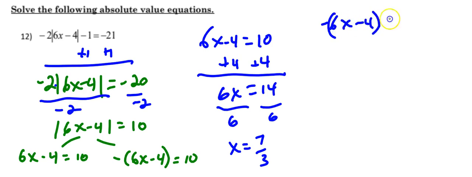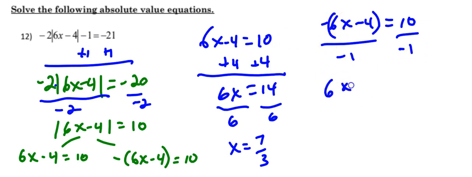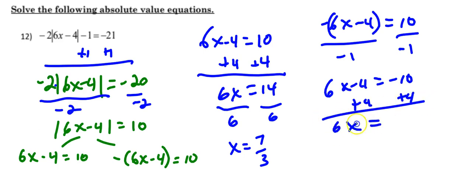Then on the other side, we have negative 6x minus 4 equals 10. I like to start by dividing by negative 1 to get rid of that. Or you can multiply by negative 1, it's all the same. And we're left with 6x minus 4 equals negative 10. Add 4 to both sides. 6x equals negative 6.